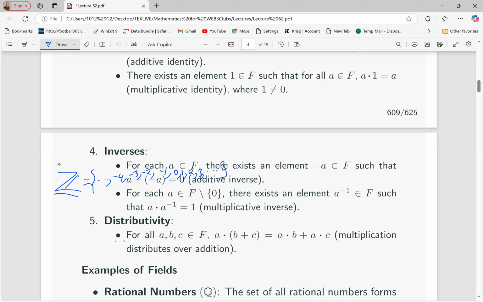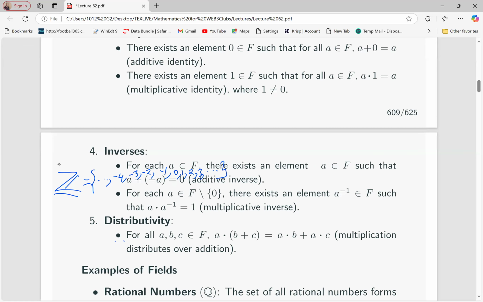So the question is, is this a field? For us to answer this question, we want to see whether it fulfills the axioms we've looked at with the two operations. One, we want to see whether it's closed under addition, and at the same time, whether it's also closed under multiplication.